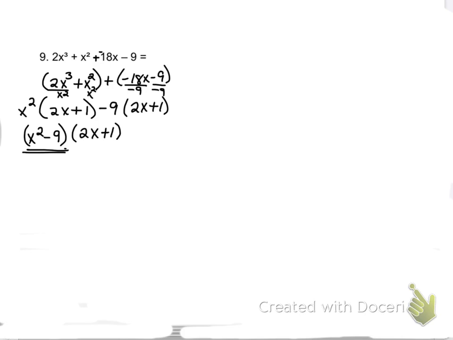So this will factor as x minus 3, x plus 3, and then you still have 2x plus 1. So this one can break down into 3 linear factors, which you're going to end up with 3 answers when you solve a cubic equation, something with an x cubed, but you don't always end up with 3 distinct factors.